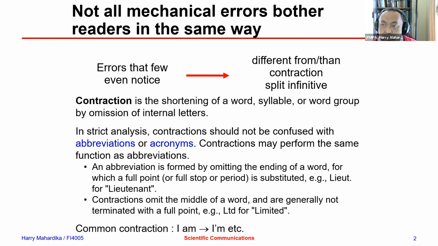However, if you lose the apostrophe, for example, if you write I am becoming I'm and you lose the apostrophe, then it will be wrong. If you write it in a paper, sometimes it bothers the reviewer or the reader about this mistake.